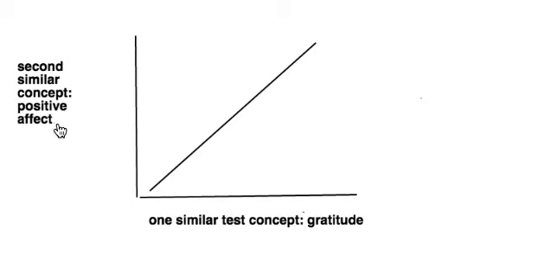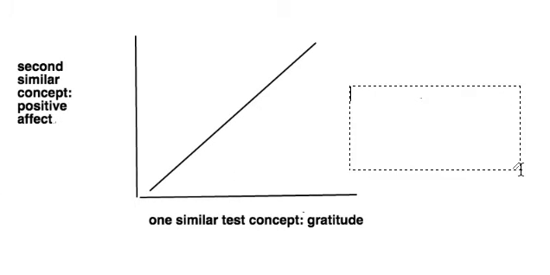Psychometricians do tend to think these are related, and if somebody scores low on a gratitude test, they tend to score low on a positive affect test, and if they score high on a gratitude test, they tend to score high on a positive affect test. This can show you that you have a really good instrument, at least that you have defined it well, if it matches with similar concepts. Did anybody guess this one? This is called convergent validity.